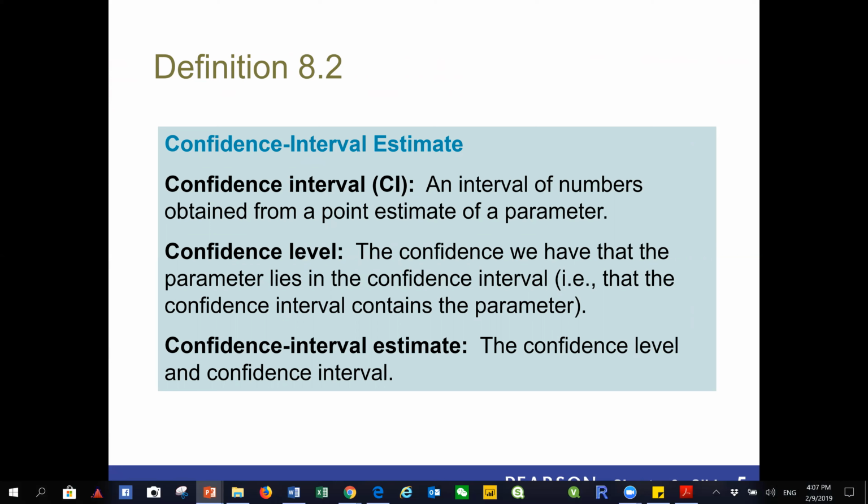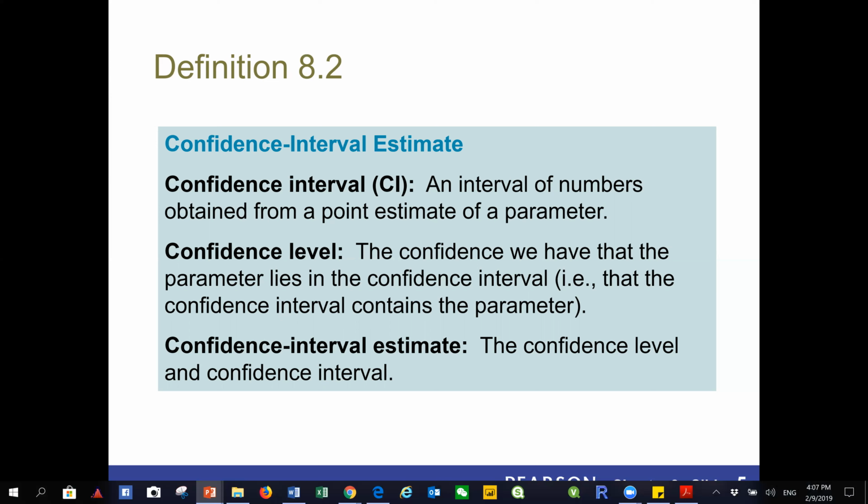Okay, and the confidence level that goes along with the confidence interval means the probability that this interval will include the target. When I say target, it's the population parameter. When I say bullet, that means a sample statistic. Okay.